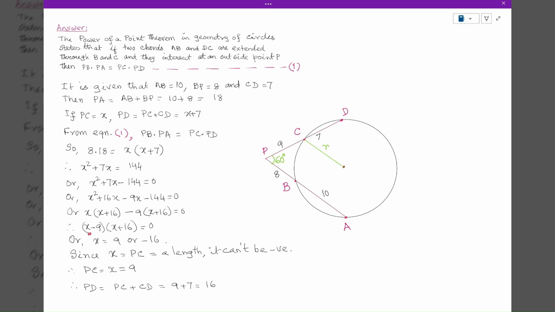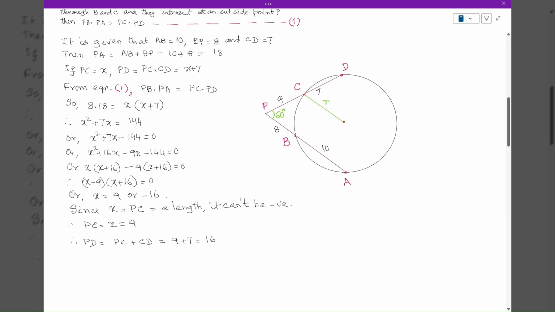Therefore, x minus 9 multiplied by x plus 16 is equal to 0. So, x is either 9 or minus 16. Since x is equal to PC, which is a length, it can't be negative. Therefore, PC is equal to x, that is 9. Hence, PD is equal to PC plus CD, which is 9 plus 7, equal to 16.